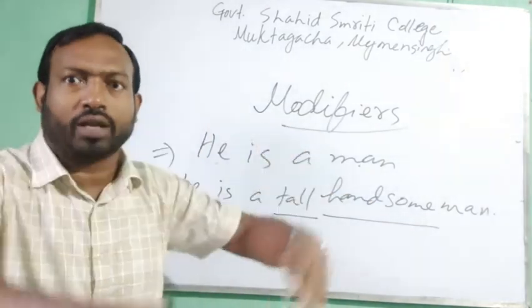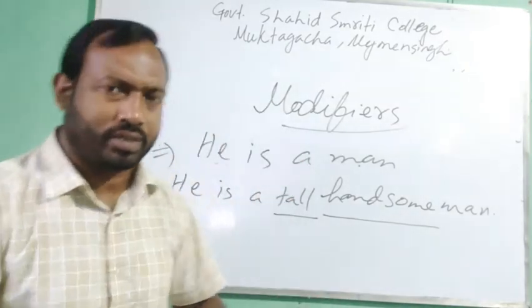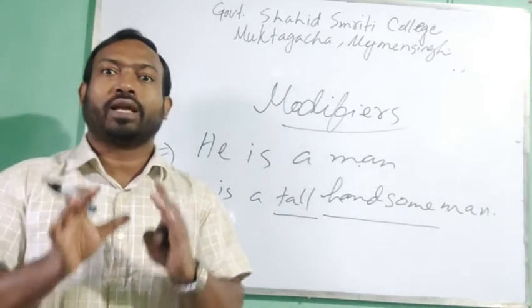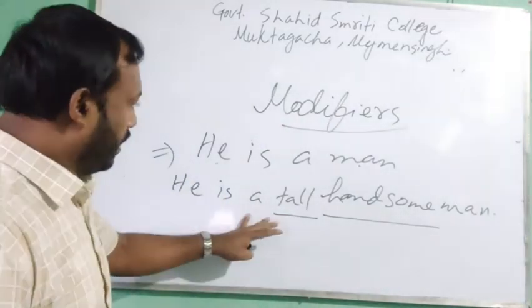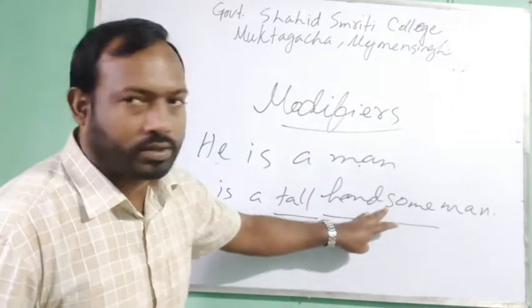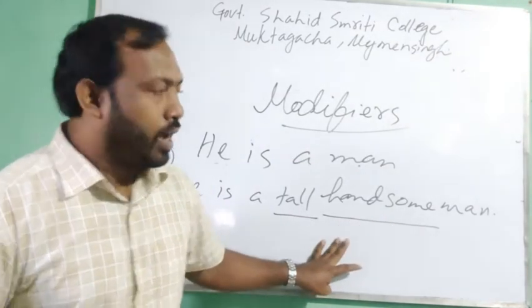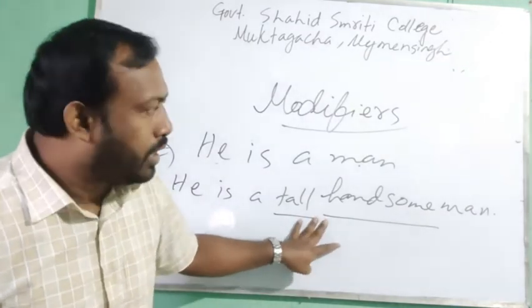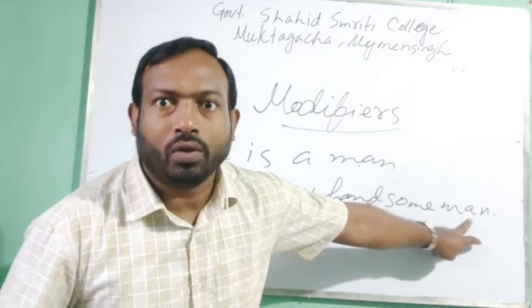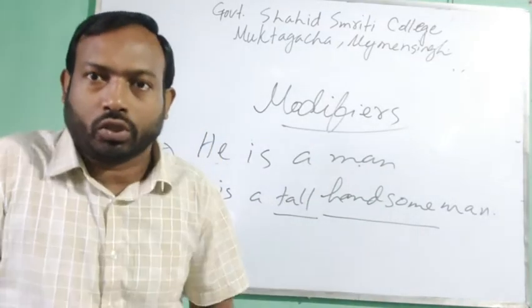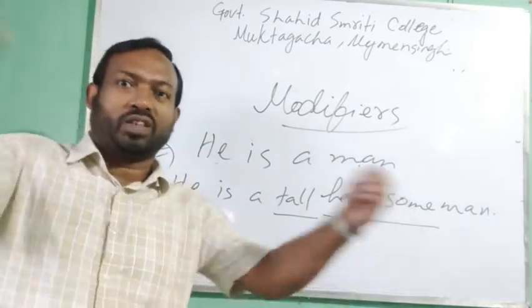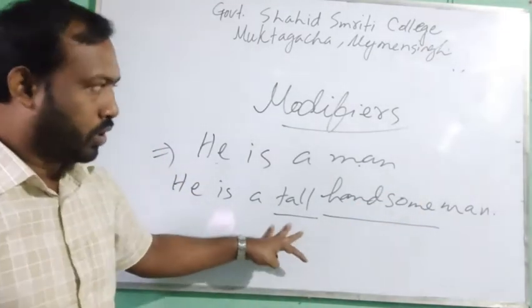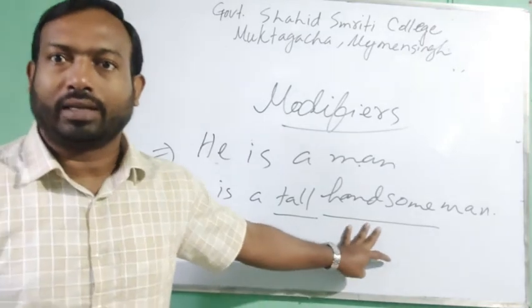We'll be talking about pre-modifiers, post-modifiers, and other modifiers, but first of all we have to be clear what modifiers actually are. Here we see tall and handsome. These two words give us more information about the man. So the man is tall, not short. This specifies the man and determines his identity. He is tall, he's handsome, not ugly.